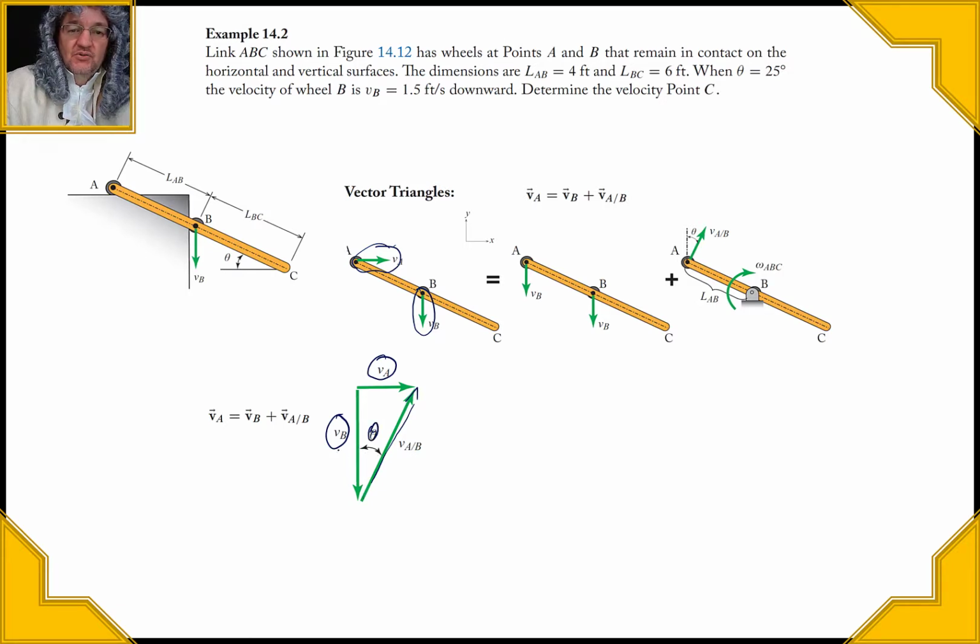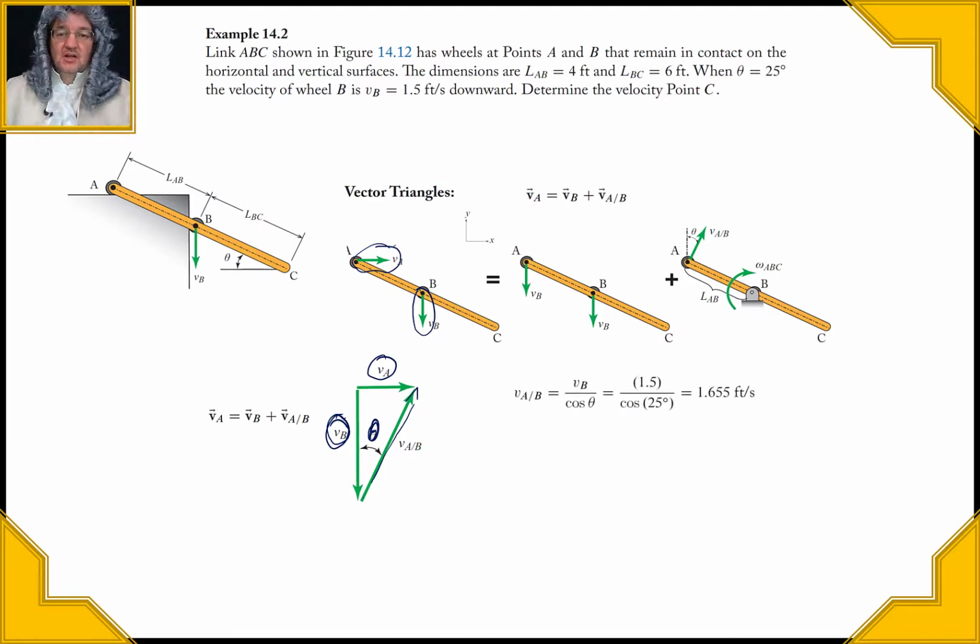The two knowns are the velocity of B and its angle, and the angle of VA with respect to B, and we also know the direction of VA. That's enough for us to figure out what the relative velocity is going to be. Because this is a right triangle, we don't have to use law of sines or law of cosines. It's just a basic right triangle.